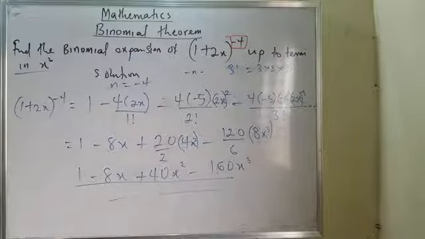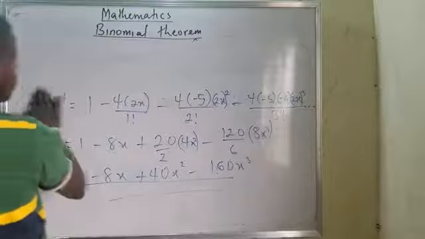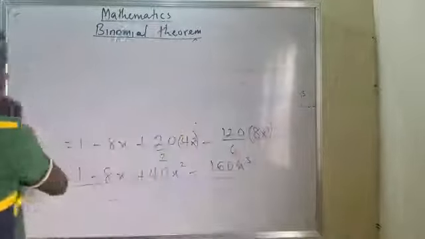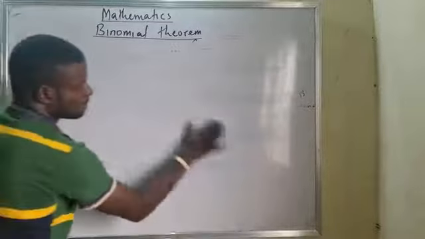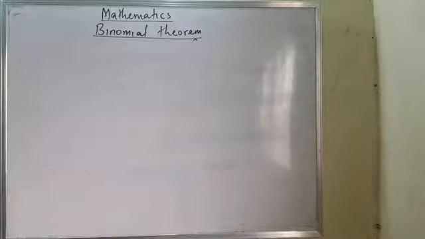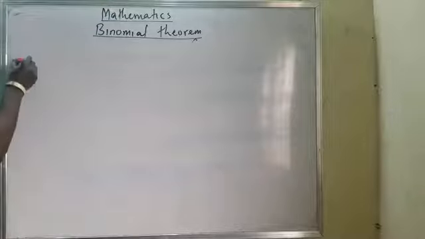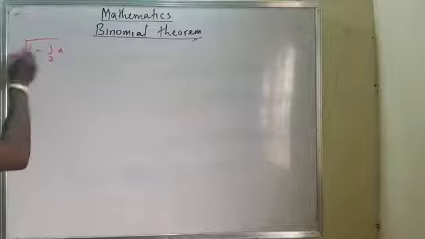Now, let me move on to the next one. Let me quickly give one more example. I have this type of problem. I have root of 1 minus 1 all over 2x.